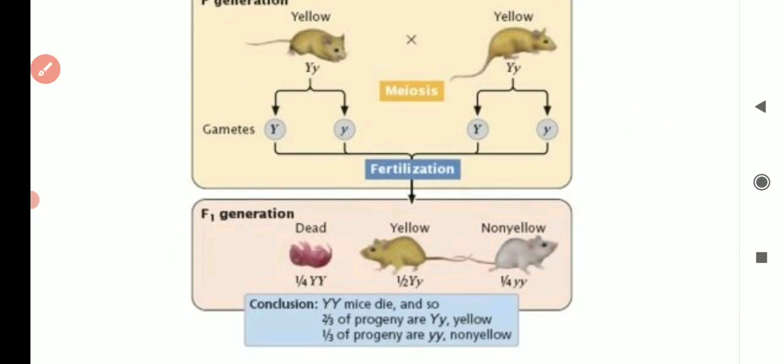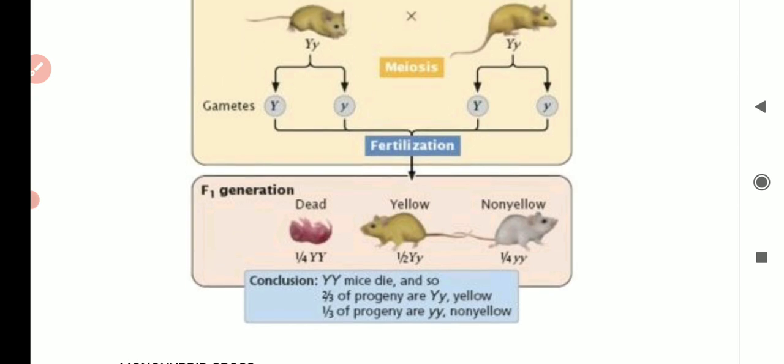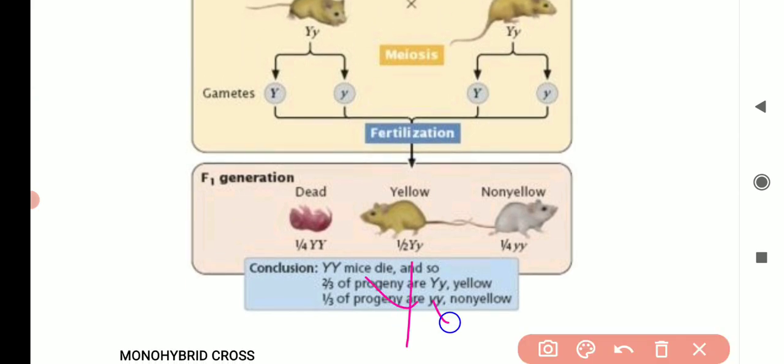Then on combining, instead of getting a 3:1 ratio, we get a yellow mouse, which I told you is heterozygous, and a non-yellow mouse, that is a grey mouse.